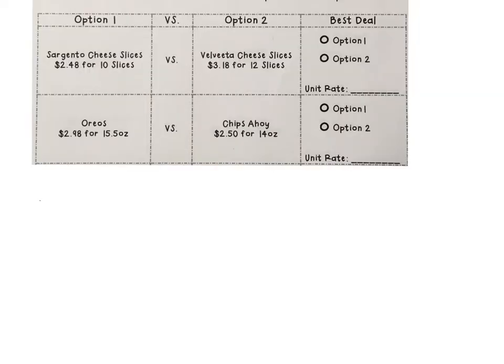Let's try the Oreos. So we'll do Oreos right here, and then we'll do Chips Ahoy, and we'll compare. So we're just practicing finding unit rates. If it's $2.98 for 15.5 ounces, we need to figure out how much it would be per ounce. So we have dollars on the top and ounces on the bottom. And for Chips Ahoy, we have dollars on the top and 14 ounces on the bottom.